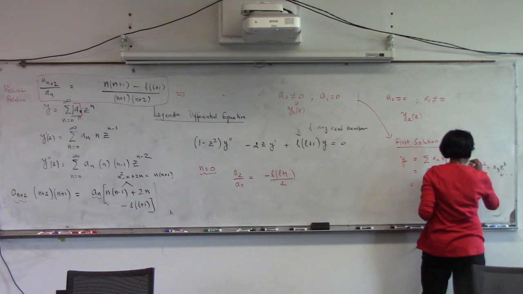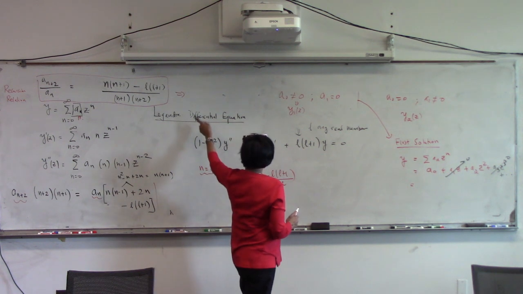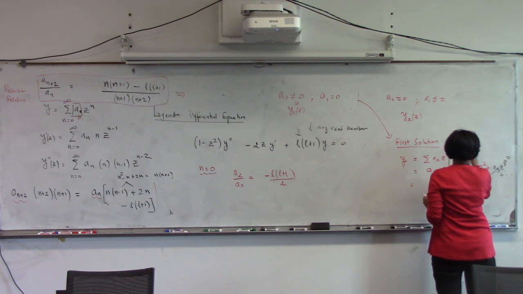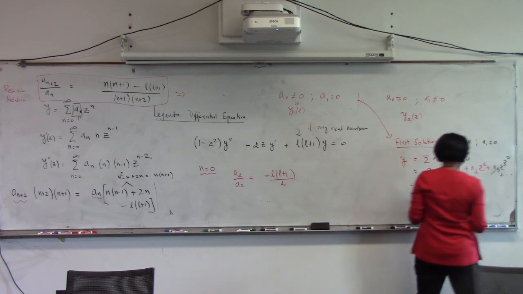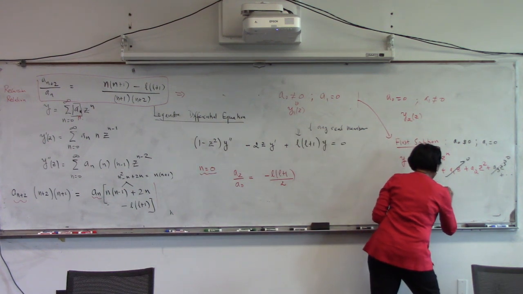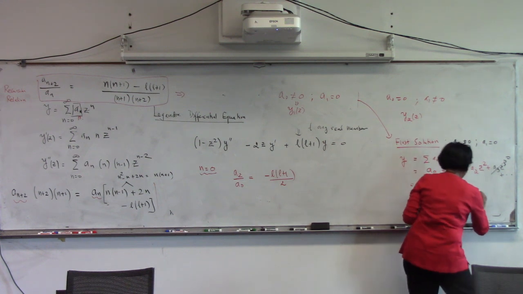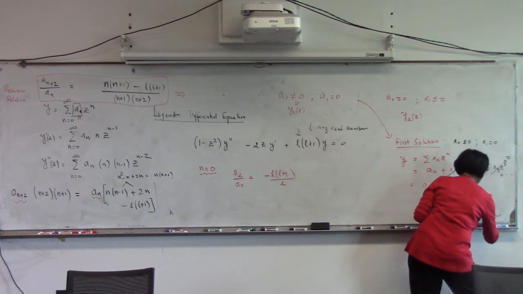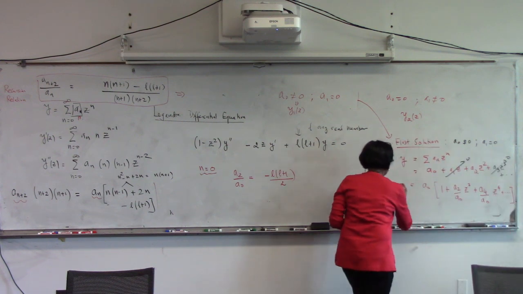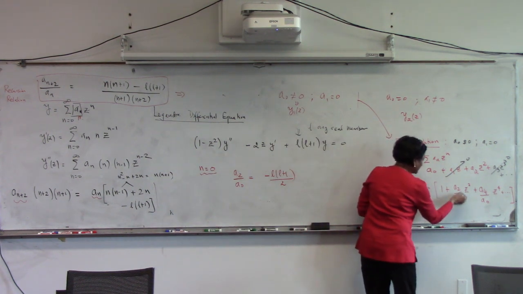So all the odd terms will disappear for the case A1 equal to 0. So all I have to calculate is only the ratios of the following coefficients: A2 over A0, z squared plus A4 over A0, z to the power 4, and so on and so forth. So that will be my first solution, once I have calculated all these things.